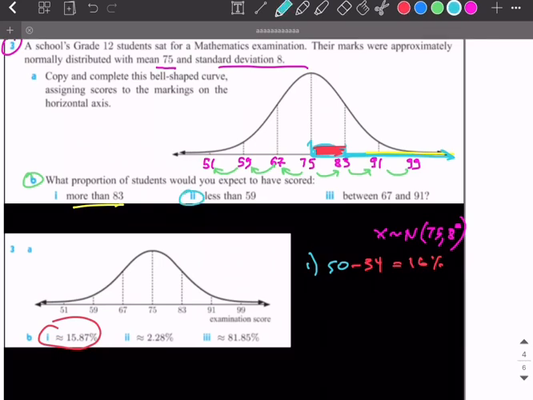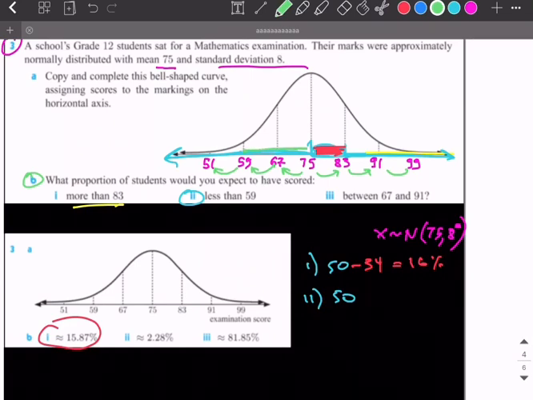Now, less than 59, so from 59 and below. So again, what I'm going to do is 50, which is this part from 75 and below, and I'm going to subtract this portion here.